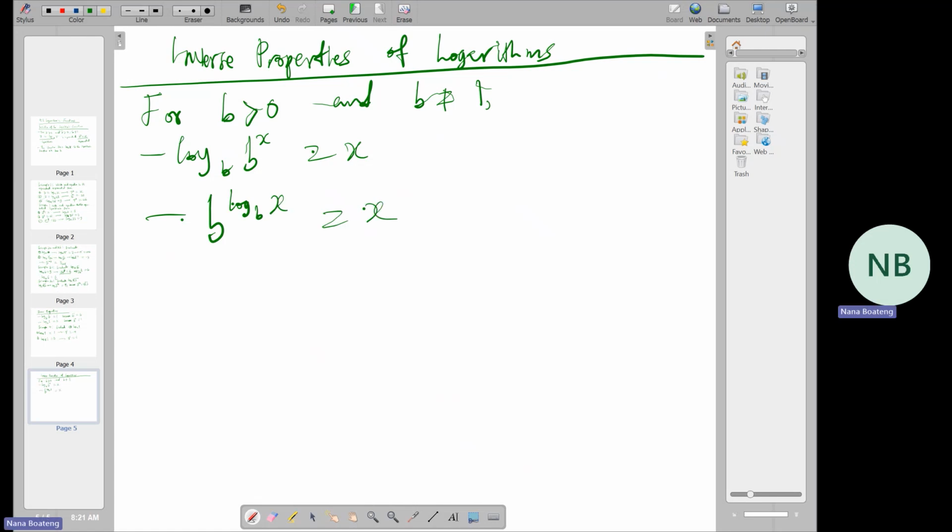So these are two important properties. Let's use an example to illustrate them.